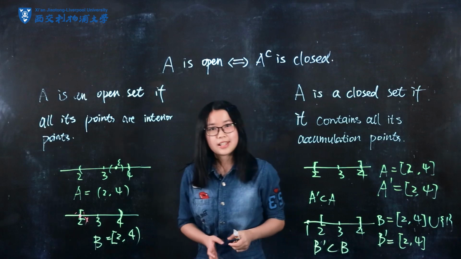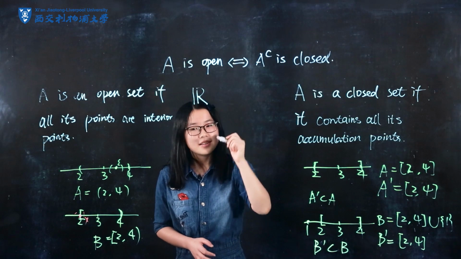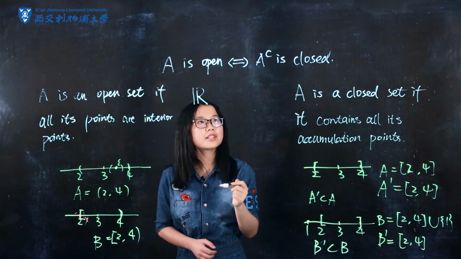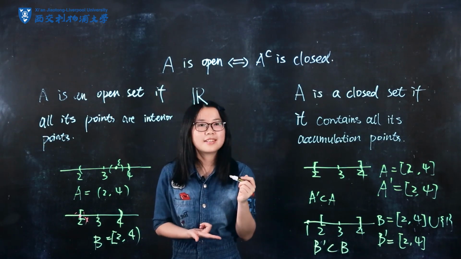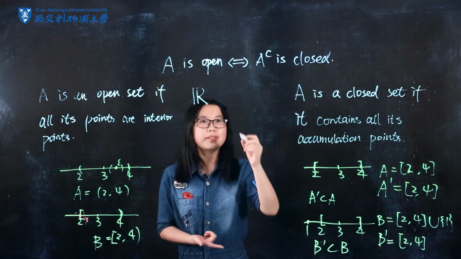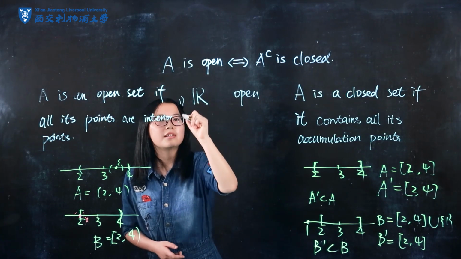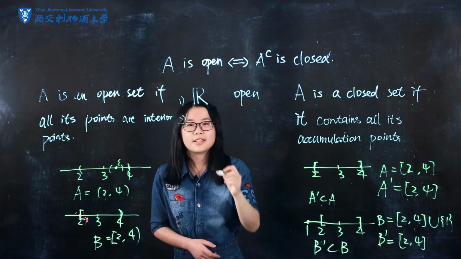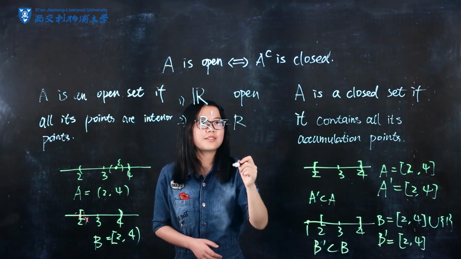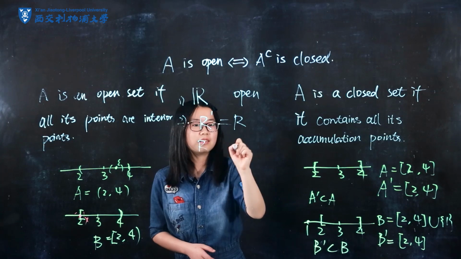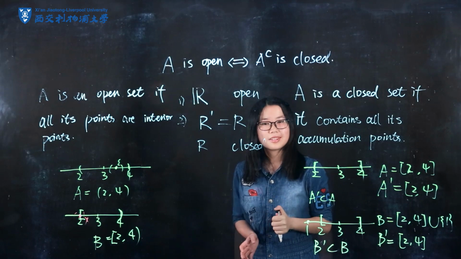An example is the real line R. It is both open and closed, because every point of R is an interior point, so R is an open set. And also, the set of accumulation points of R is R itself, so R is closed. So we can say that R is both open and closed.